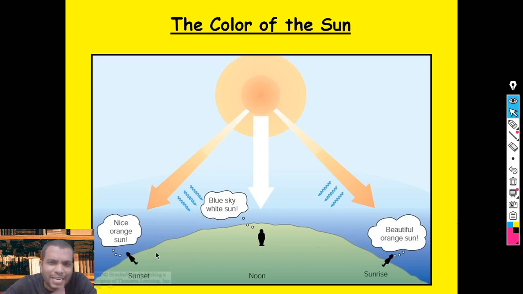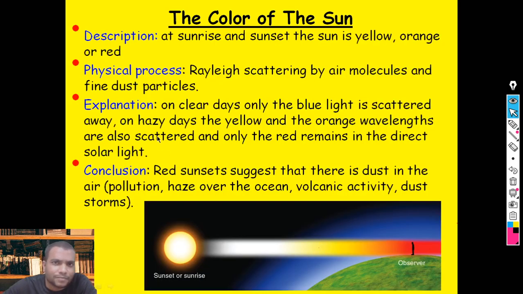So during the same day we can see the sun in different colors. Early morning, the sun appears orange, but at noon it turns white, but the sky turns blue, and again at evening sunset, it's a dark red or orange color. So what's the reason here?